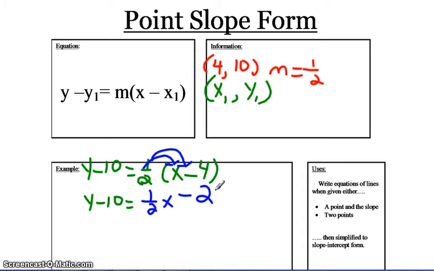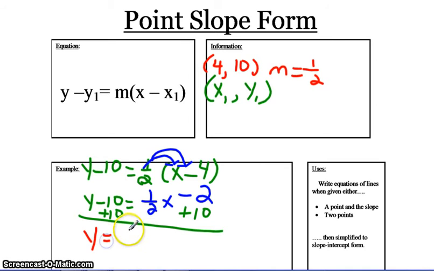And now I want to solve the equation for y. To do that, I'm going to add 10 to both sides. And the equation of my line is y equals 1/2 x plus 8. And there's my equation in slope-intercept form.